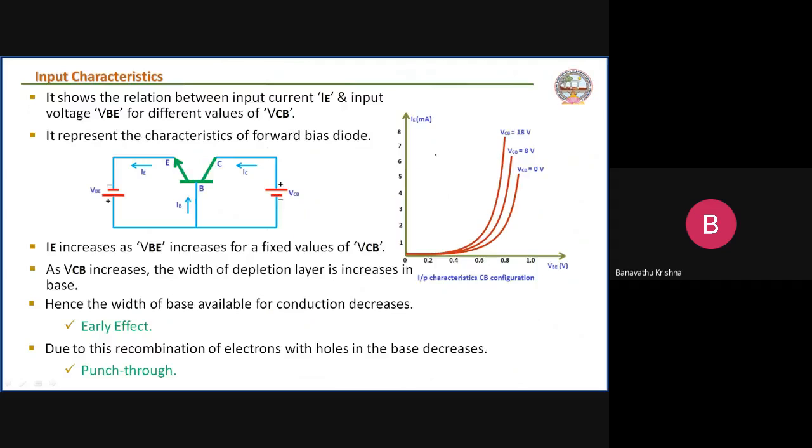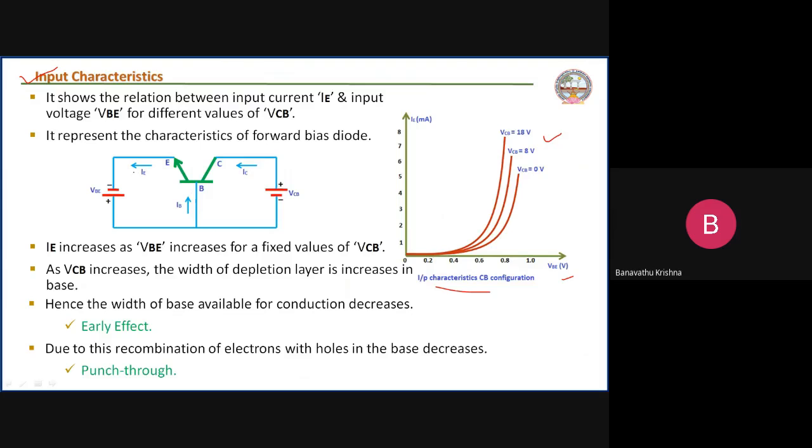Now I want to go with the input characteristics. Let us see, it is the graph representation for the input characteristics of common base configuration. This graph shows the relationship between the input current, that is IE, and the input voltage VBE for different values of VCB, the collector base junction biasing voltage.